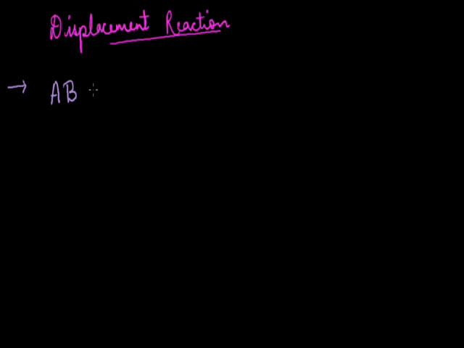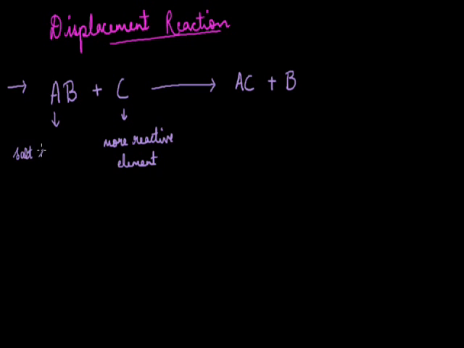Suppose the compound AB reacts with a more reactive element C, then it will form AC plus B. Here C is the more reactive element, and AB is the compound of the less reactive one.